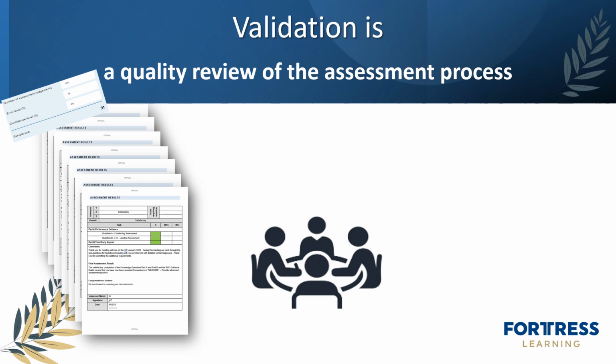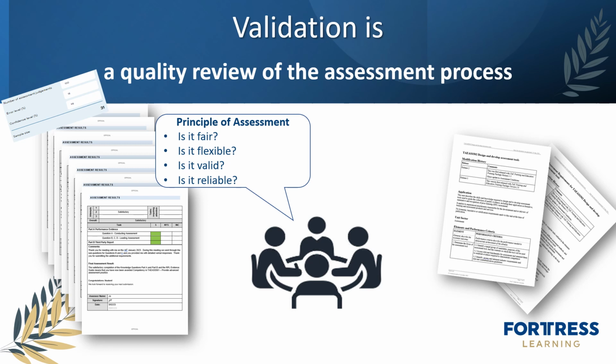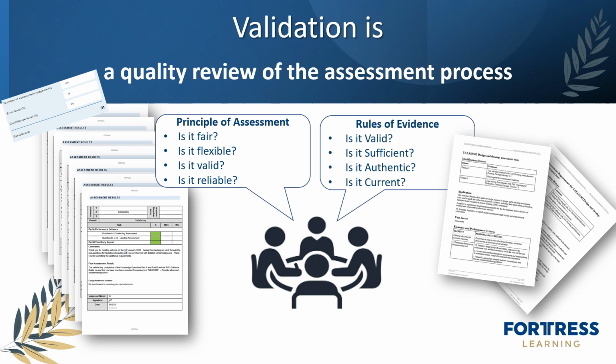The assessor group will then check that the assessment tools meet the principles of assessment, including all of the requirements of the unit of competency, and that the rules of evidence are adhered to and correct assessment judgments were made.